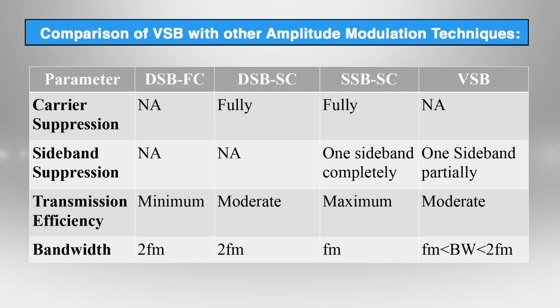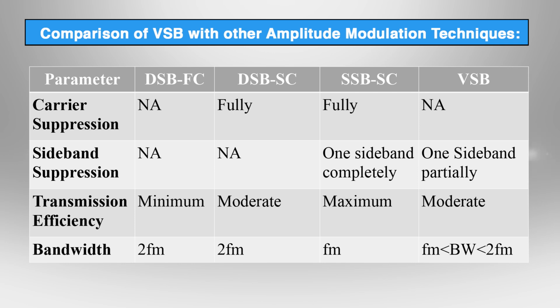The first comparison is that there is no carrier suppression in double sideband full carrier and vestigial sideband, whereas the carrier is fully suppressed in double sideband suppressed carrier and single sideband modulation.